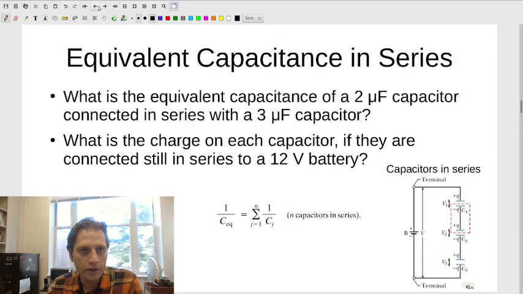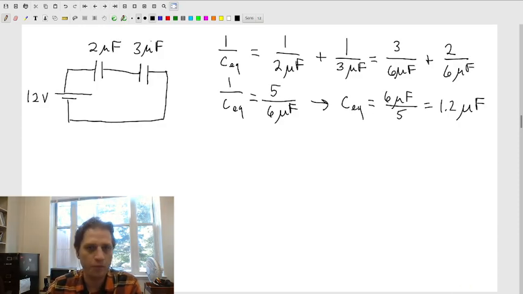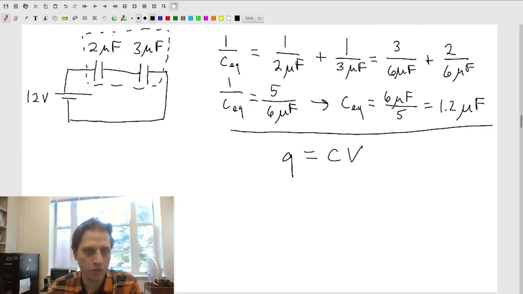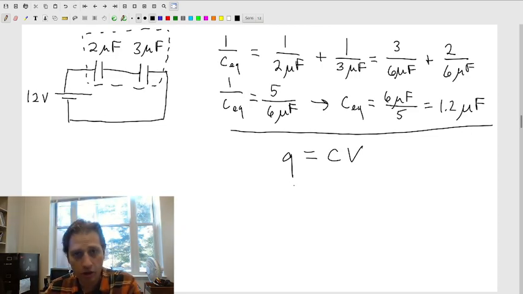Okay, now what's the second part of this question? It asks, what is the charge on each capacitor? Well, remember that the thing defining a capacitor is that Q equals C times V. So now, if we're treating this whole thing as a single capacitor, okay, so we're pretending that's just one capacitor now, and we wanted to find the charge on it, we would go ahead and use this capacitance.